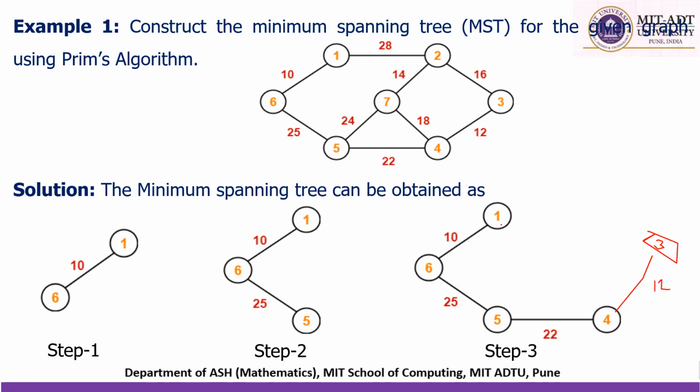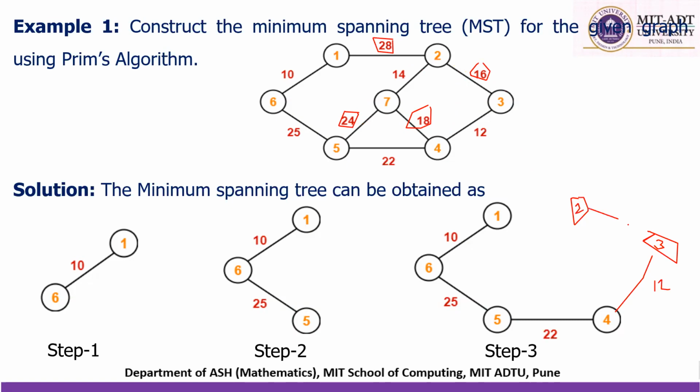Now after that, 1 is connected to 2 by 28. 3 is connected to 2 by 16. 5 is connected to 7 by 24. And 4 is connected to 7 by 18. So out of 24, 18, 16, 28, the minimum is 16. So now we select 2 as the next vertex.